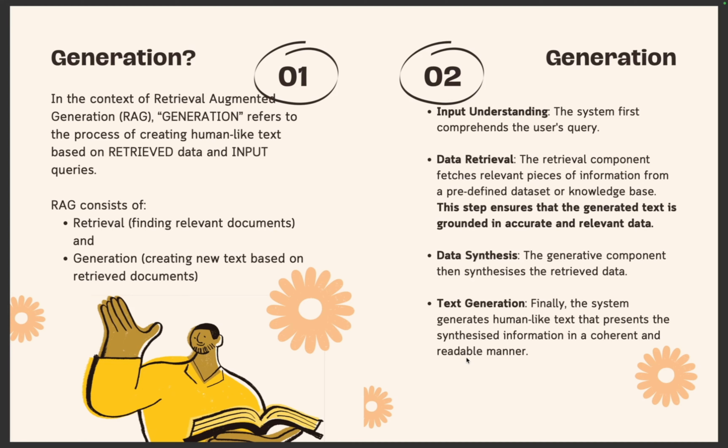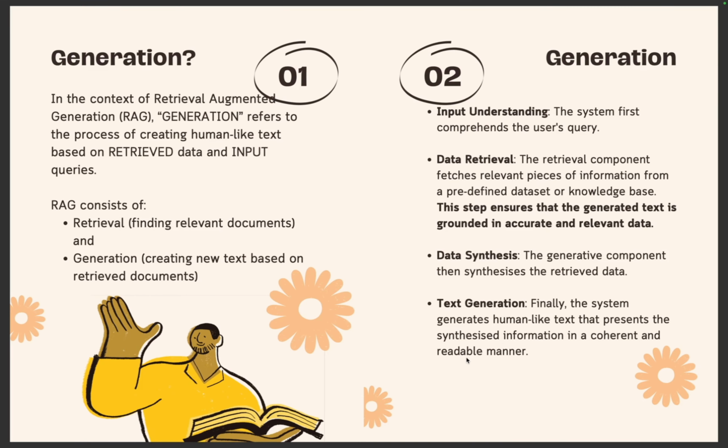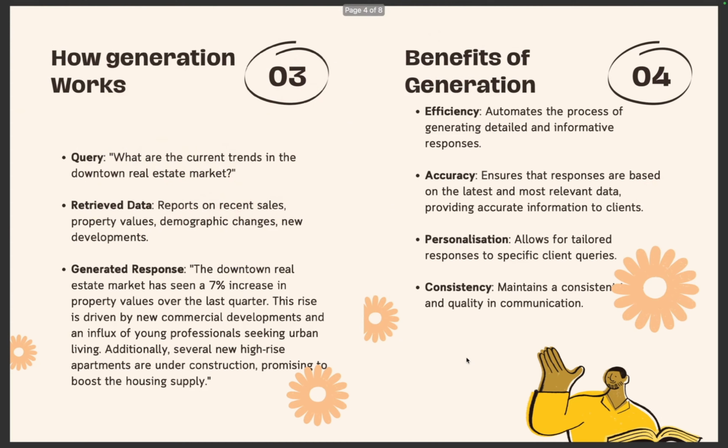And then when the information comes back, we take that information and present it to the, typically, large language model that takes that information and converts it into text that is easy to consume. So how it works is one might ask a question. If we take it specifically from a real estate standpoint, one might ask, what are the current trends in the downtown real estate market?